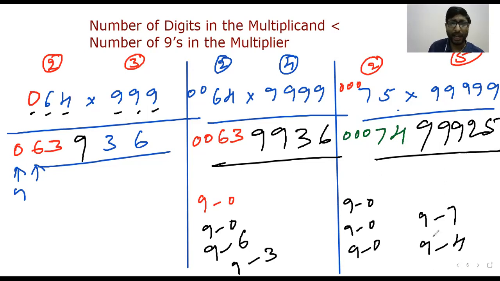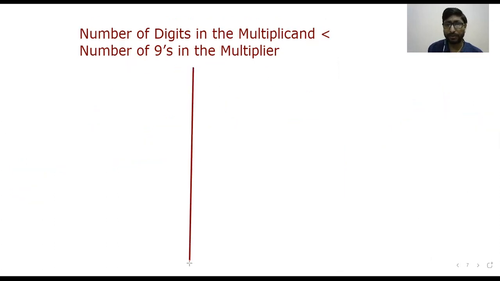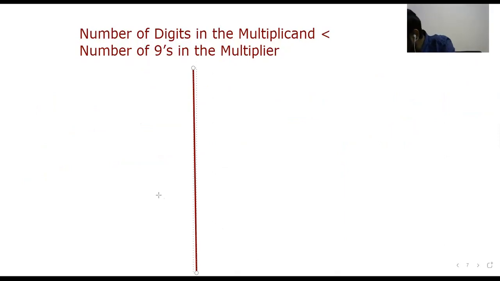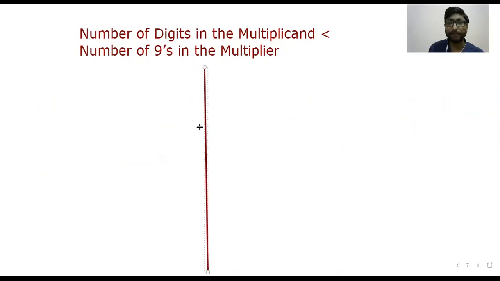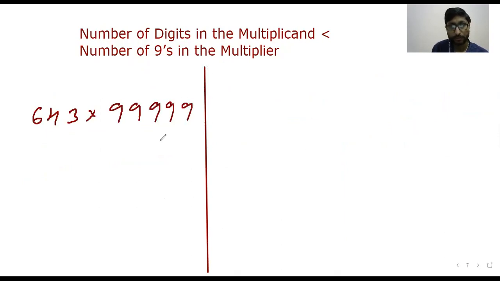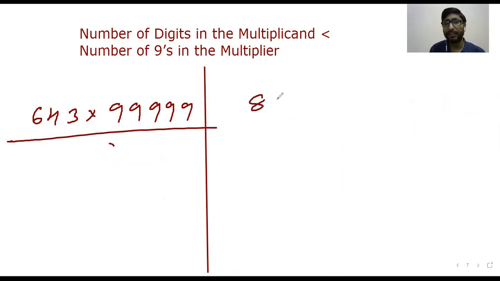In the same way, look here now, little bigger problems. Okay, so a little bigger problem. 6, 4, 3 multiplied with 5 nines, and 8, 5, 6, 4.